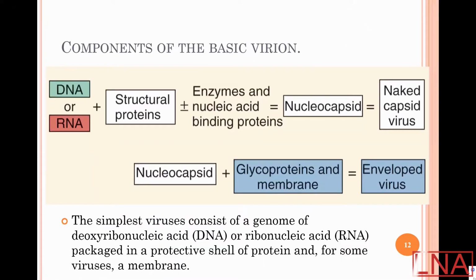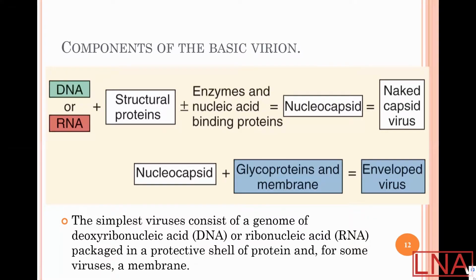To understand what naked and enveloped virus means, we have to understand what components a virus could have. First of all, as I said already, a virus should have DNA or RNA. Okay, let's choose DNA, for example. Add structural proteins. Sometimes we have to add enzymes, and it means we have a nucleocapsid, which equals a naked capsid virus.